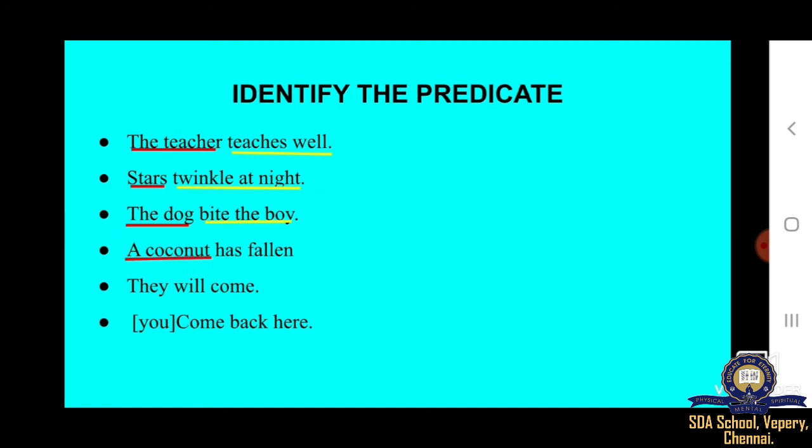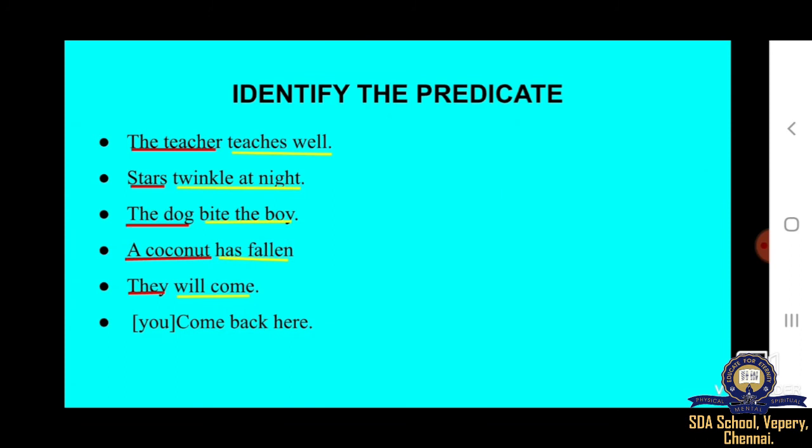A coconut. And so the remaining part is called predicate. Has fallen is predicate. And next sentence, they will come. Children, in this sentence, what is subject? Yes, they is the subject. And so the remaining part, will come, is the predicate.